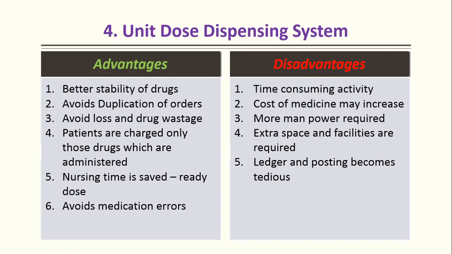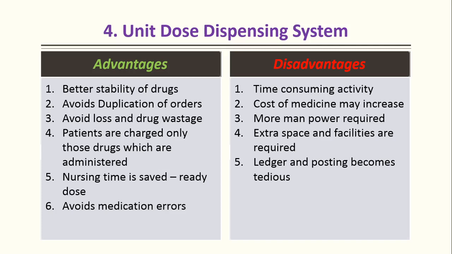So these are the four methods which are used for dispensing of medicines to the inpatient. First, we have seen the individual prescription order system. Second method is the complete flow stock system.